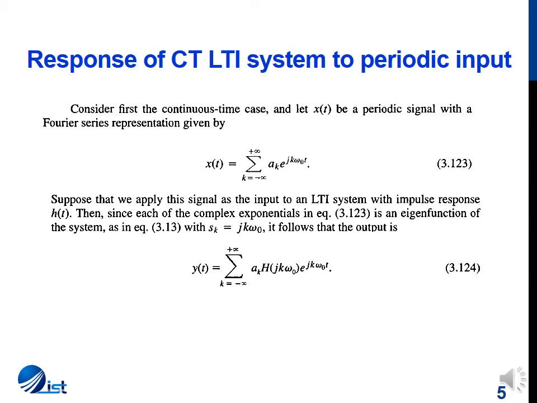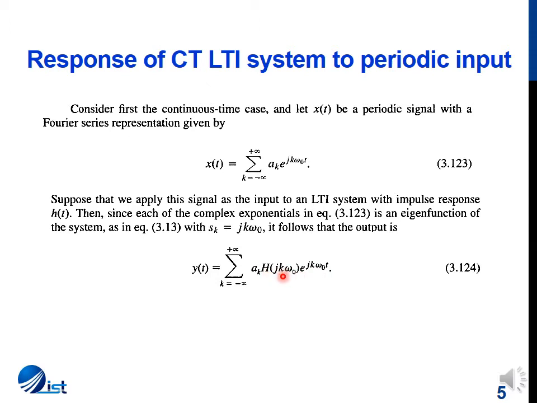Now when we apply this signal as an input to an LTI system with impulse response h(t), each of the complex exponentials will have a corresponding output, and therefore our output y(t) can be expressed in the form y(t) equals the sum of a_k H(jk omega naught) e^(jk omega naught t). You can observe that in the previous slide I had used H(s), but now, since our s is a function of j omega only for the frequency response, we term it H(jk omega naught).